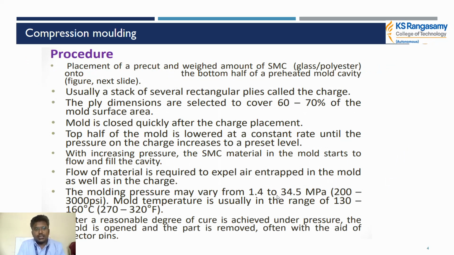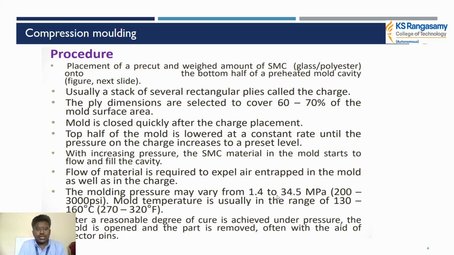The compression molding procedure involves the following steps. Usually a stock of several rectangular plies is called the charge. The plies are dimensioned to cover 60 to 70% of the mold surface area. The mold is closed quickly after the charge placement. The top of the mold is lowered at a constant rate until the pressure on the charge increases to the preset level.